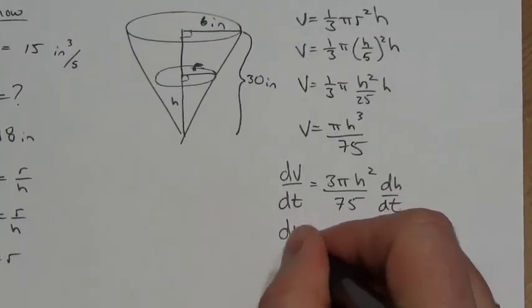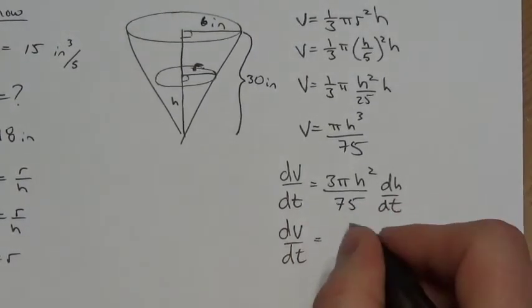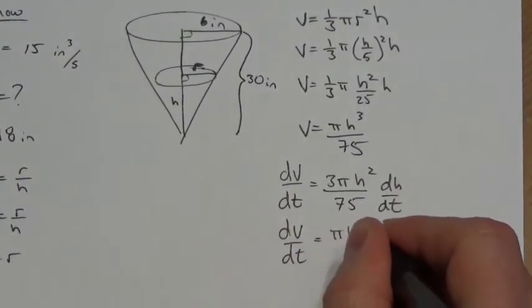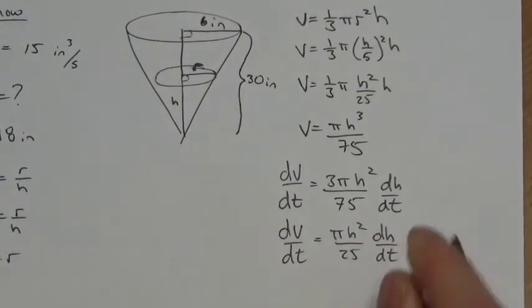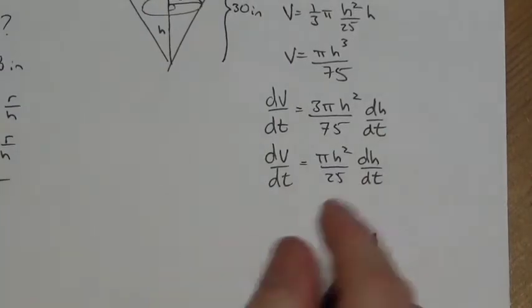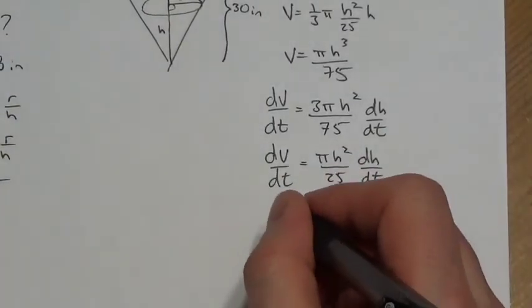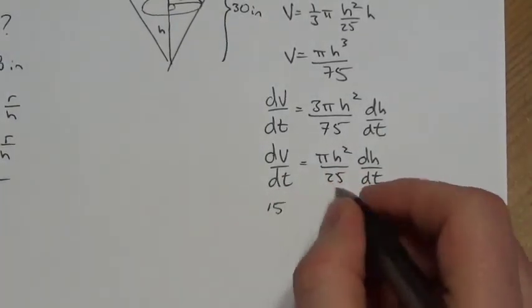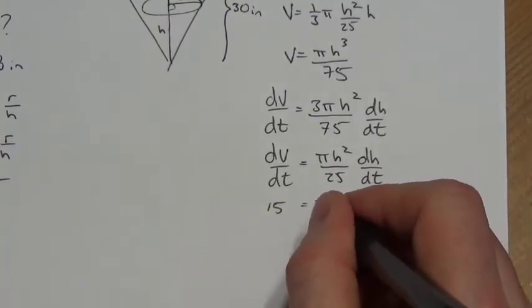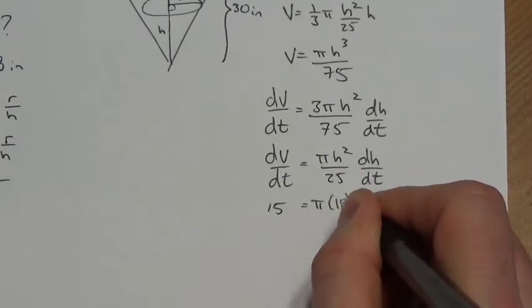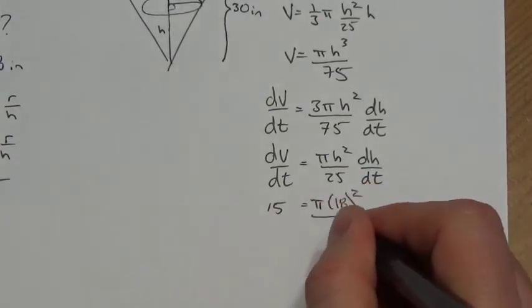So dV/dt, I'm just going to simplify this a little bit because I can make this pi h squared over 25 dh/dt. All right, now I know that the volume is increasing at a rate of 15 cubic inches per second. I know that my height is going to be 18.